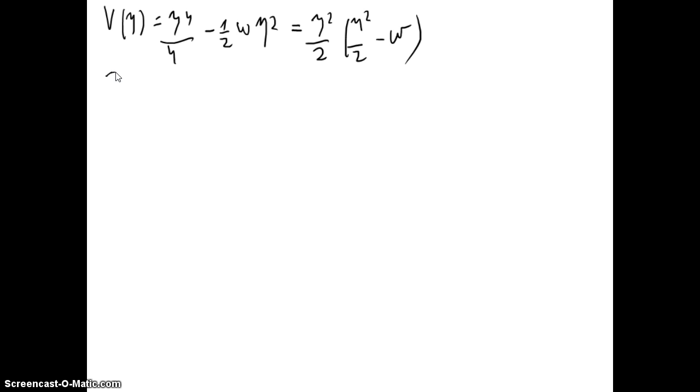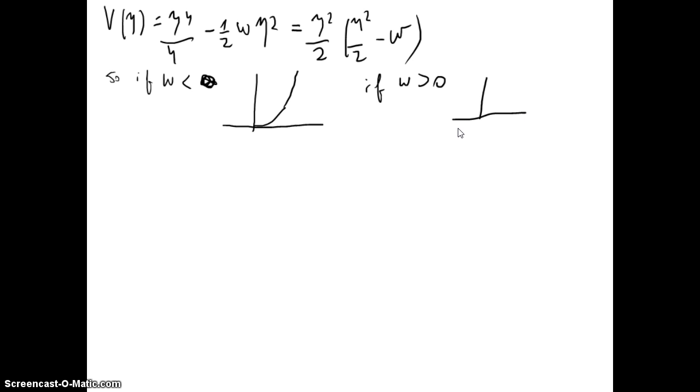If ω is negative, we will have a potential that looks like this, and if ω is positive, then it will have 2 roots and will look something like this. These are the diagrams of the potentials as functions of η.